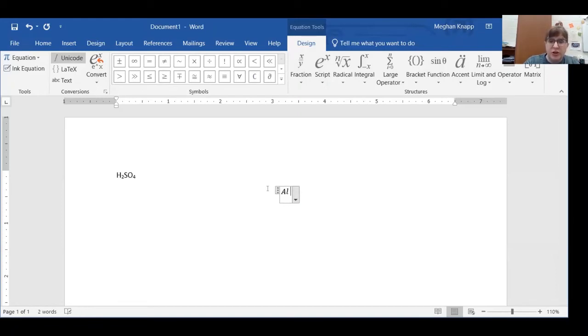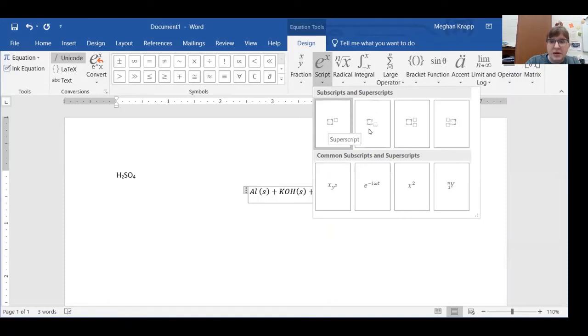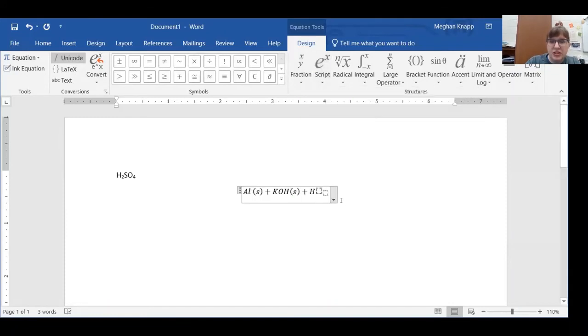So if I want to put aluminum as a solid plus KOH as a solid plus H, and now I need a subscript, I can put one of these boxes. I'm going to choose subscript.